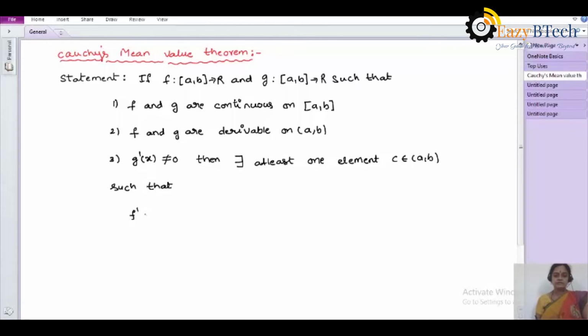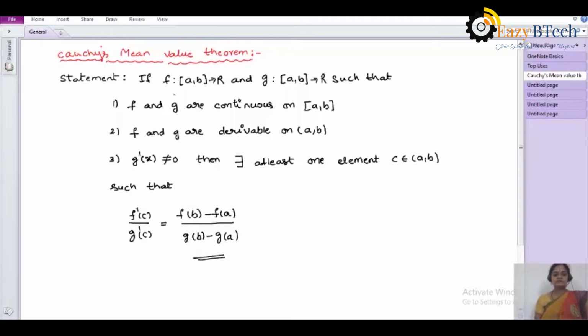the condition, students, f dash of c by g dash of c is equal to f of b minus f of a by g of b minus g of a. This is the main condition of Cauchy's mean value theorem.